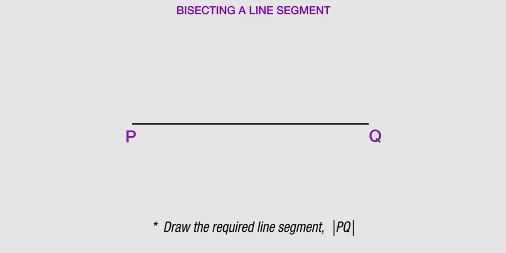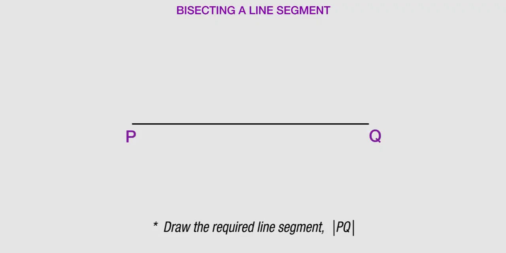Now let us look at how we can construct the bisector of a line segment. We want to look at bisecting a line segment. Here are the steps. To bisect any line segment, 1. Draw the required line segment, maybe PQ. 2.